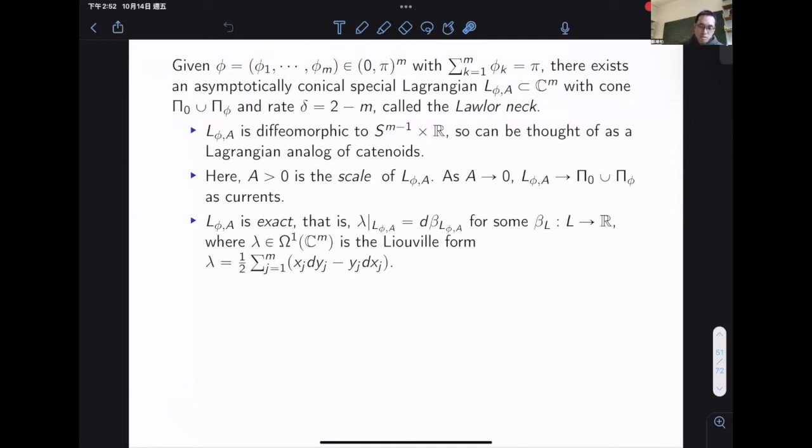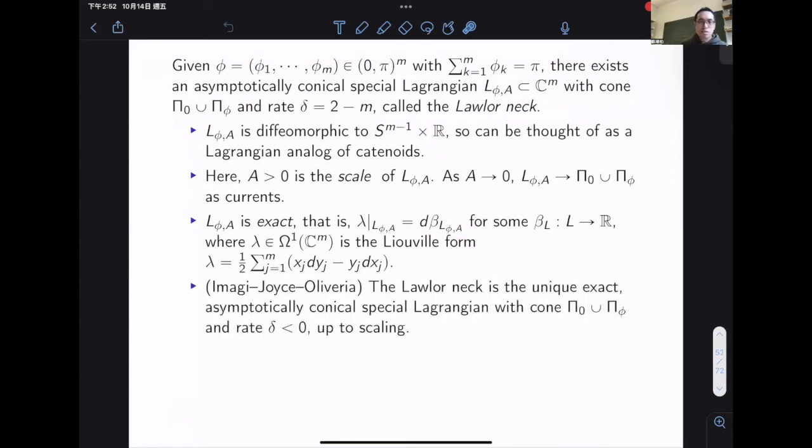One can show that this Lawlor neck is exact, namely, if we restrict the Liouville form to the Lawlor neck, we get an exact one-form on L. So Imagi, Joyce, and Oliveira show that the Lawlor neck is the unique exact asymptotically conical special Lagrangian with this cone and negative rate, up to scaling.